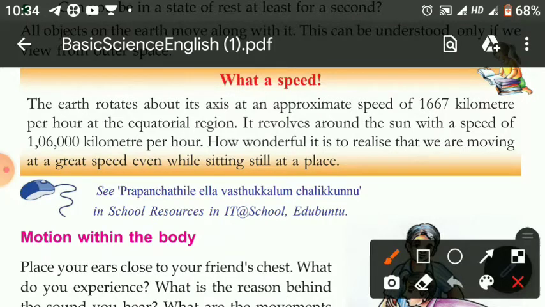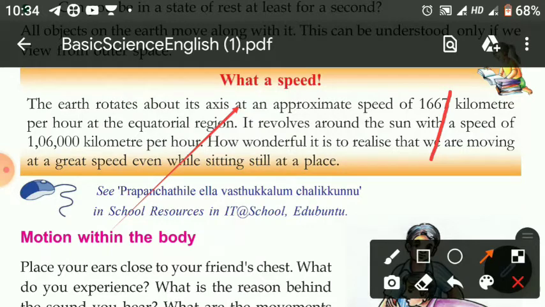Okay, that is the speed of the earth. How wonderful it is to realize that we are moving at a great speed even while sitting still at a place in space. Okay, so it is homework.